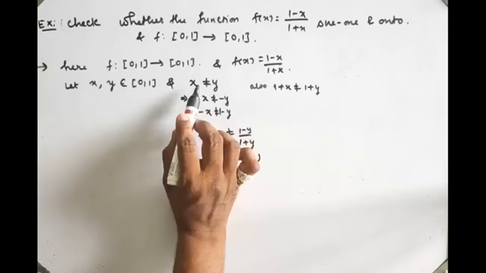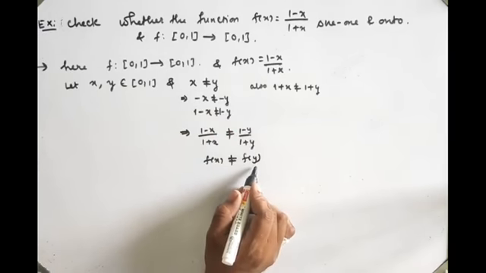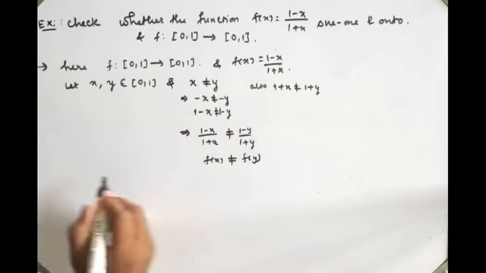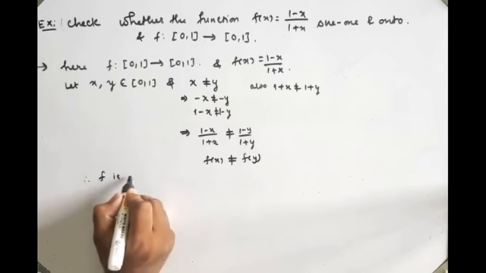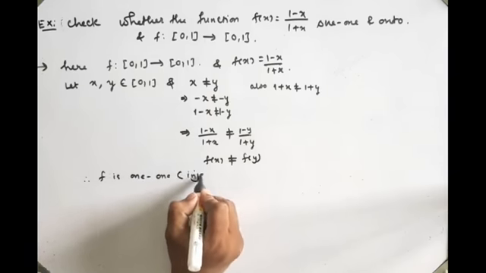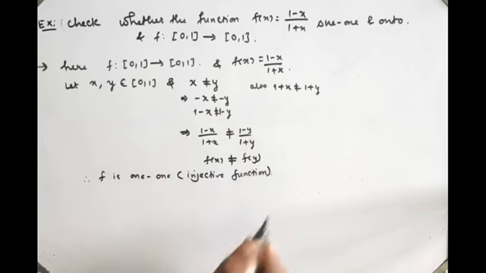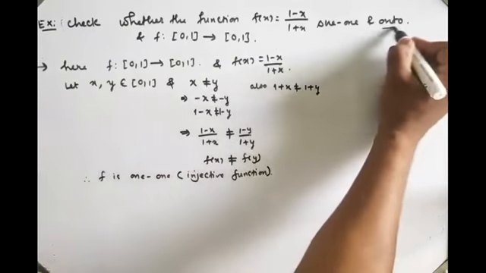Here I have taken x not equal to y and I get f of x not equal to f of y, which means the function is 1-1. F is 1-1 means it is an injective function. And onto means surjective function, right? So we have to check the second condition, onto.